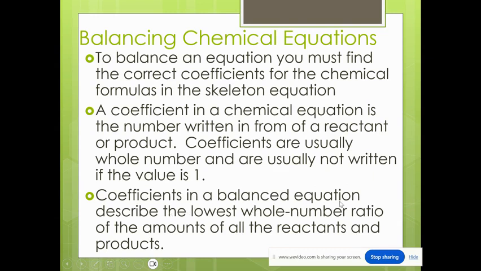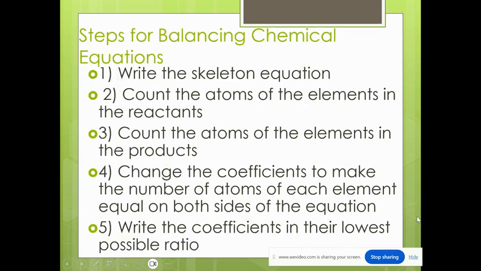And we're going to balance the equation to the lowest whole number ratio. All right, step 1, you're going to write the skeleton equation. That's the formulas. Step 2, you're going to count the atoms of the elements in the reactants and then the products. Then you're going to change the coefficients.